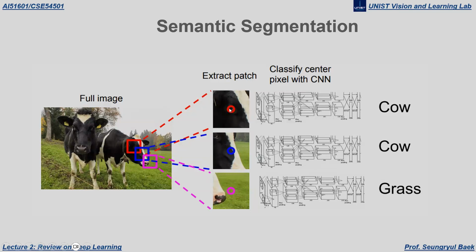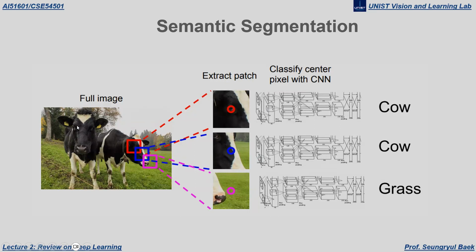Our aim is to label the patch's center pixel, but for that purpose, we take the surrounding neighbors as well, and then resize the patch to fit the CNN architecture. We input this patch to classify each center point.